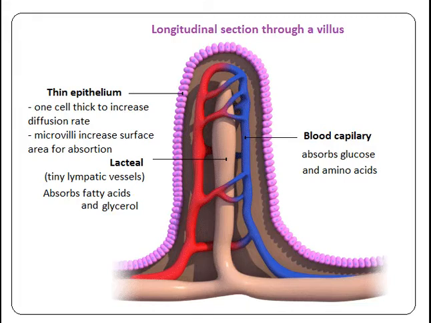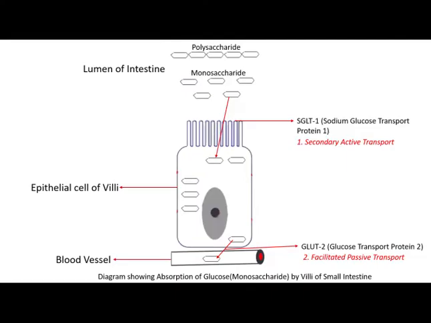That is the structure of villi. So from the lumen of the intestine, the digested monosaccharides, that means digested glucose and galactose etc., have to basically pass through the cell of villi to the blood capillary.